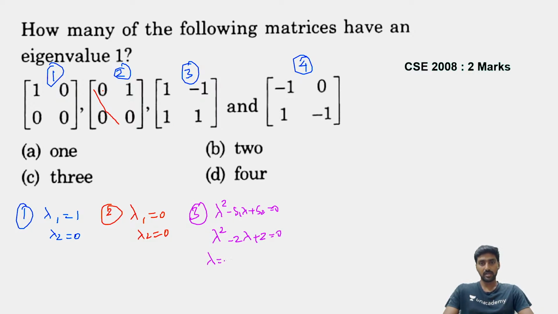Yes or no? So lambda is equal to minus b plus or minus root of b square minus 4ac, divided by 2a. That is 2 plus or minus root of minus 4, which is 2i, divided by 2. Therefore 1 plus or minus i. So lambda 1 is equal to 1 plus i, lambda 2 is equal to 1 minus i. That's the third one. Next, the fourth one.